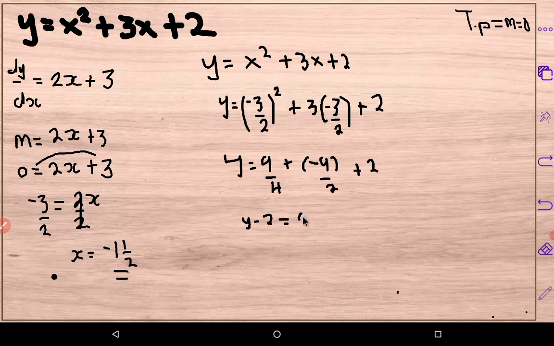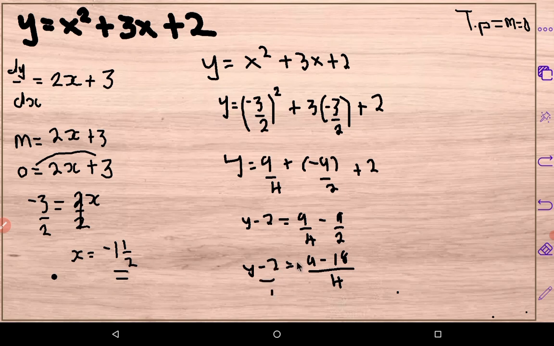Then here I'm going to remain with 9 over 4 minus 9 over 2. I'll solve this as a fraction. Common denominator is 4. 4 into 4, 1, times 9 you get 9. Minus, 2 into 4, 2, times 9, 18. And then remember here we've got y minus 2.